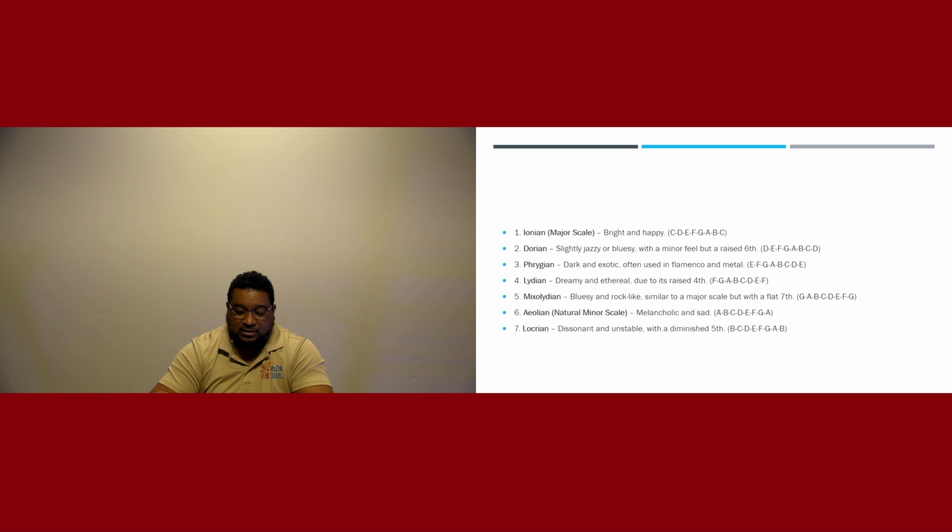Then E to F sharp, that's your 5 to 6. Not F natural, because we need a tone. And then we go to G, which is another semitone. Then we have A, B. Right, so this would be the scale.